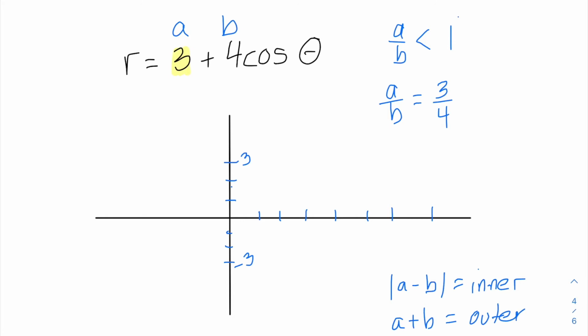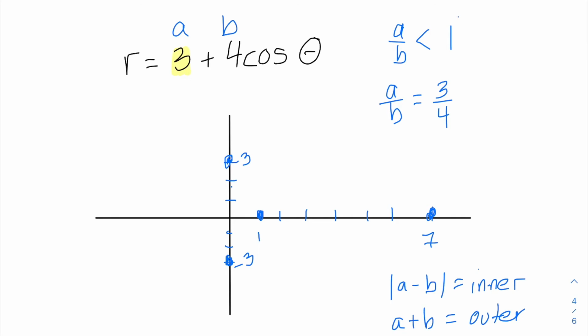So here, if I take the absolute value of A minus B, I get 1. So my inner loop is going to be right there at 1. My outer loop, A plus B, would be 7. So 1, 2, 3, 4, 5, 6, 7. So my outer loop is going to cross there, and then we already know our y-intercepts are based on A.